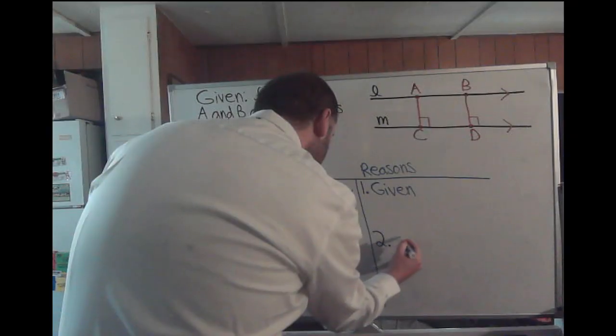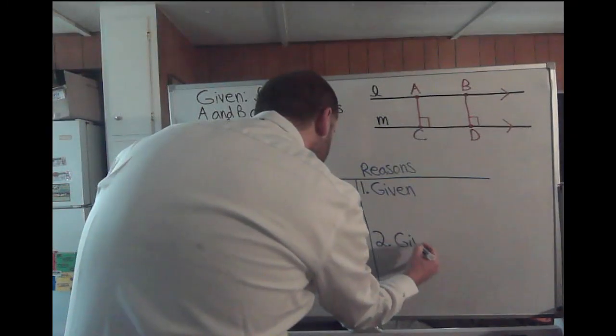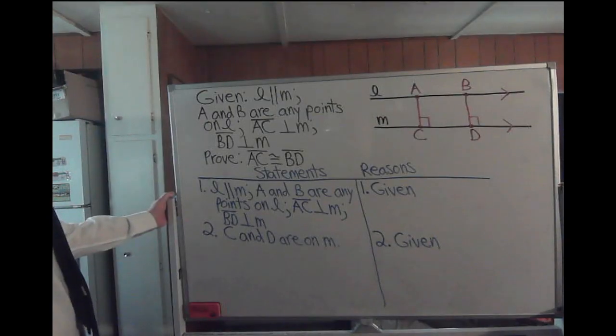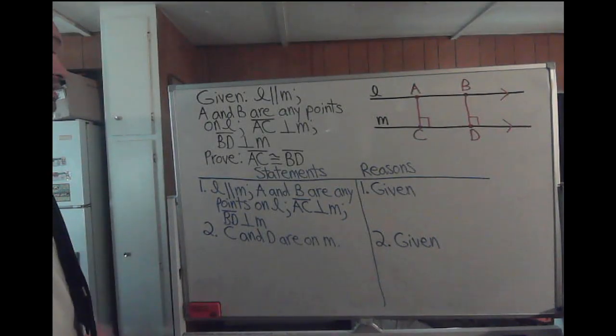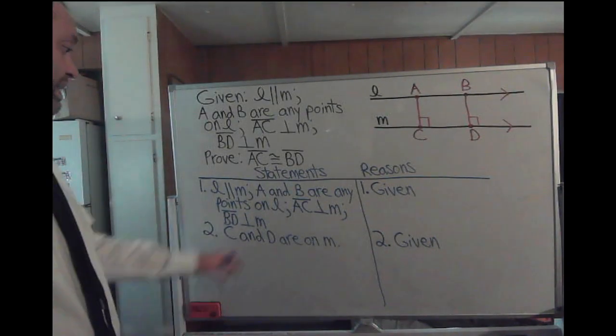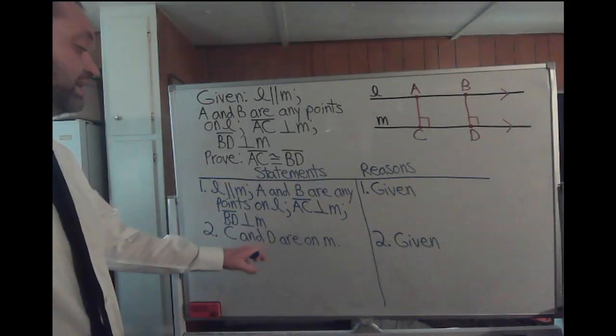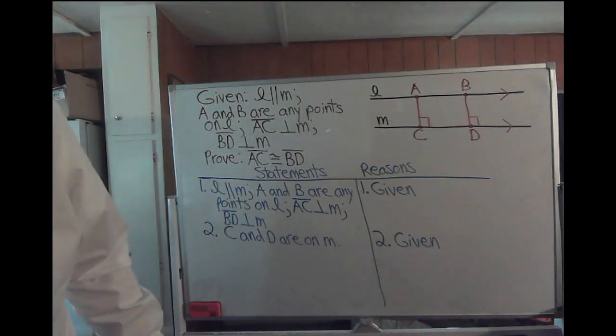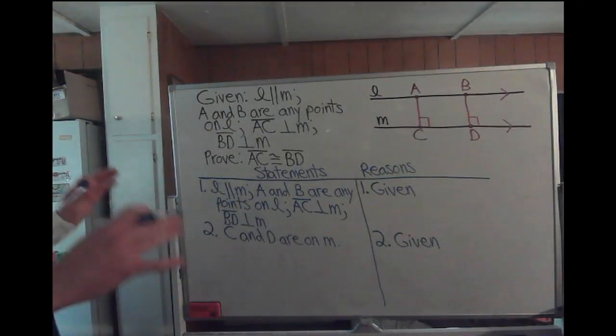So for step 2, that's given. Now, where do we go from here? So we've established that A and B are on L, and then C and D are on M. Okay. Where do we go from here?